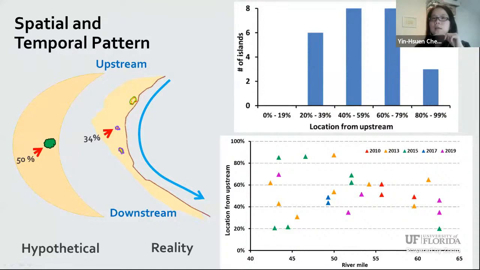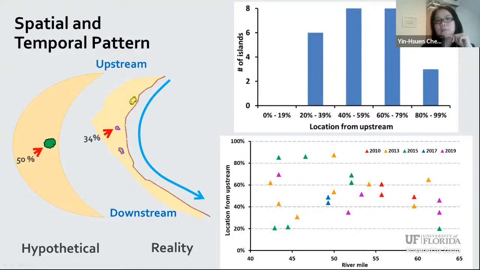Okay. So the idea is to identify the spatial and temporal pattern. The first instinct is, okay, let's do some really basic calculation. On the left-hand side, I have this hypothetical figure showing vegetation islands located in the middle of a point bar, at 50% distance from the upstream.